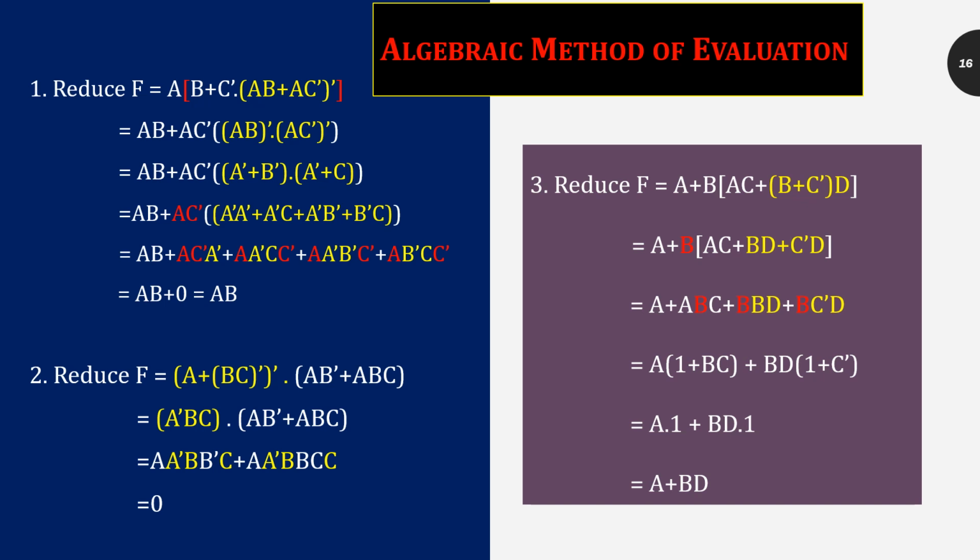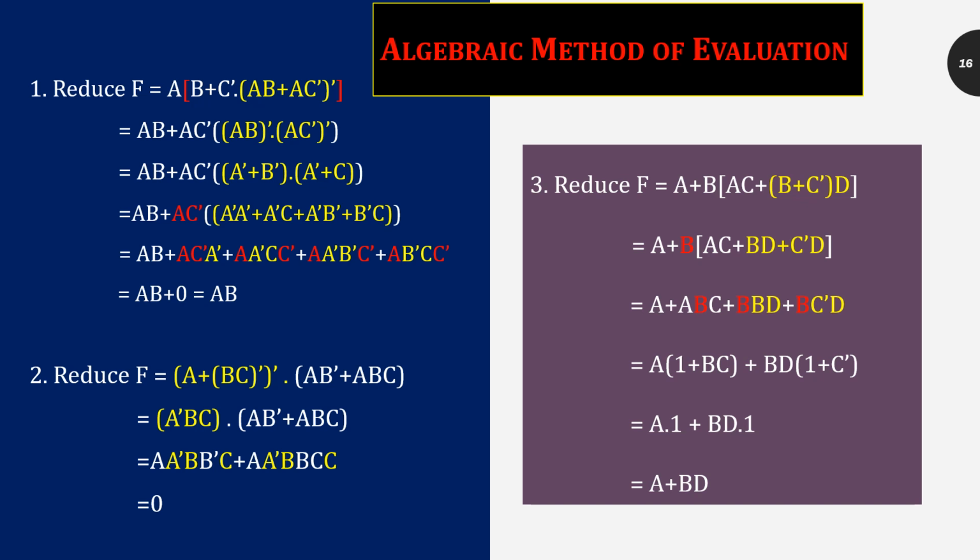A into A is equal to A. Similarly, A bar into A bar is equal to A bar. So the first term becomes A bar. So AC bar into A bar plus AC bar into A bar C plus A bar B bar C bar plus A B bar C C bar. We are just writing the literals in order.